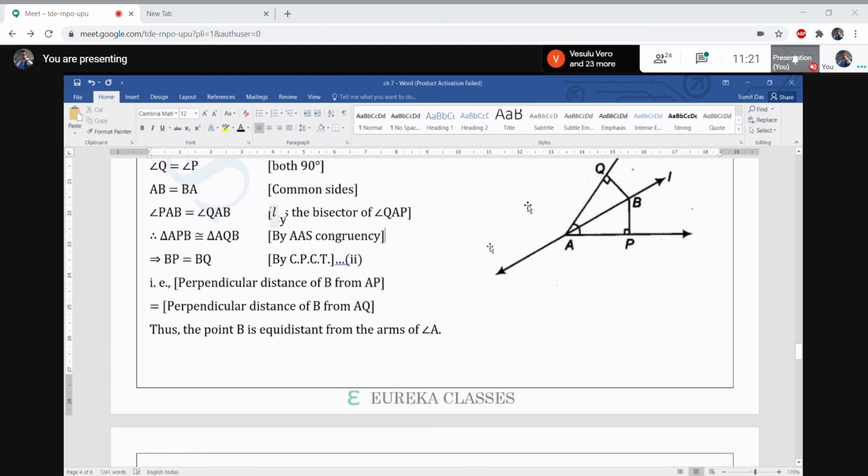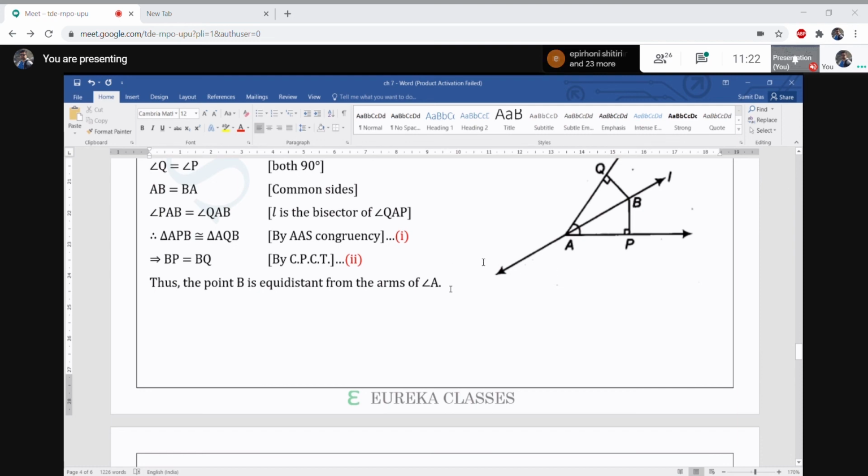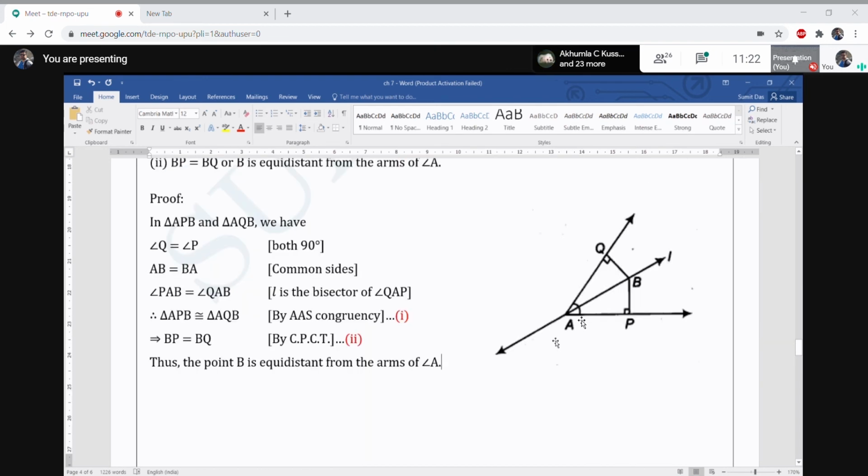You don't need this; you can just say BP equal to BQ. That's what we have to do. That's the point: B is equidistant from the arms. You can exclude this line also. No need. Okay, question number 5 done.